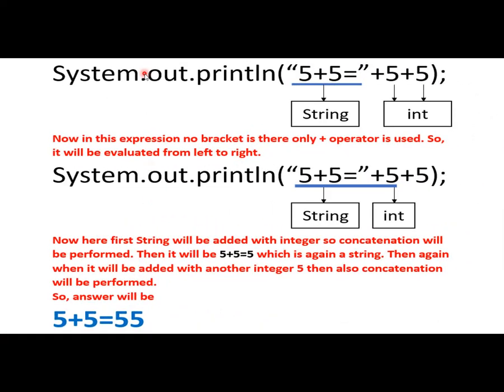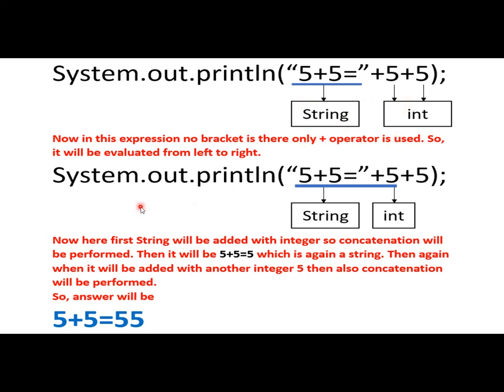Now come to the statement System.out.println("5 plus 5 equal to" + 5 + 5). Here "5 plus 5 equal to" is within double quotes, that means it is a string. Now 5 is int and 5 is also int. There are no brackets, so the plus operator will be evaluated from left to right.